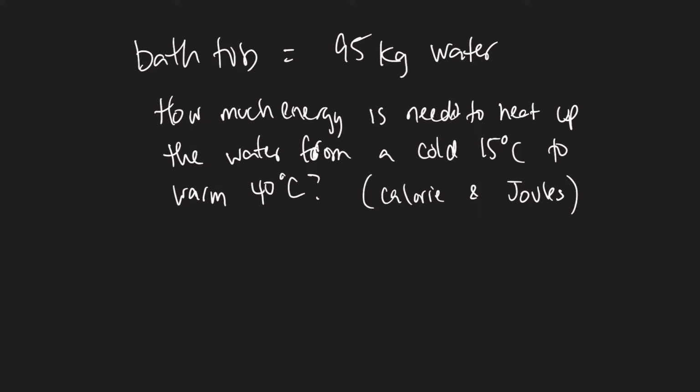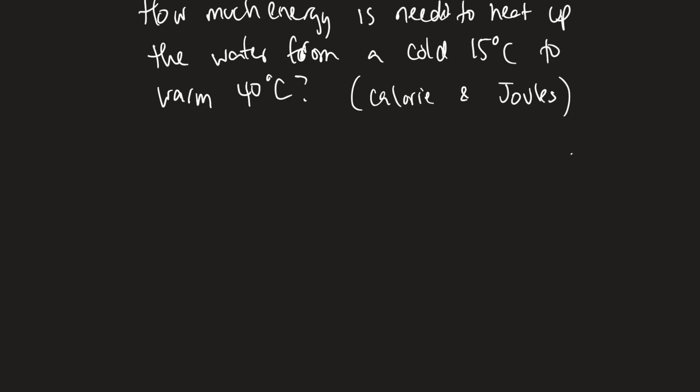So now, once again, our equation is Q equals M times C times delta T. All right. So what do we know? Well, first thing we're going to do, just to lay it out, we're going to look at the calorie first. Now, for calorie purposes, you will need to know the specific heat of water.